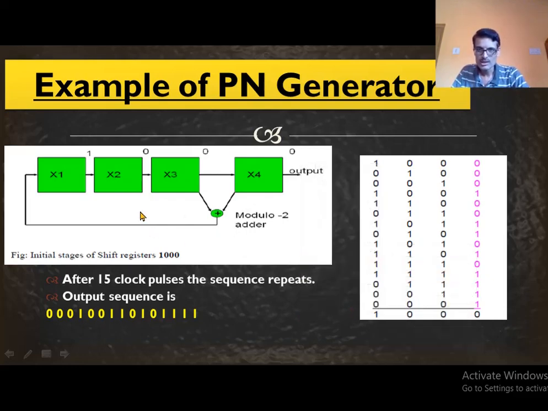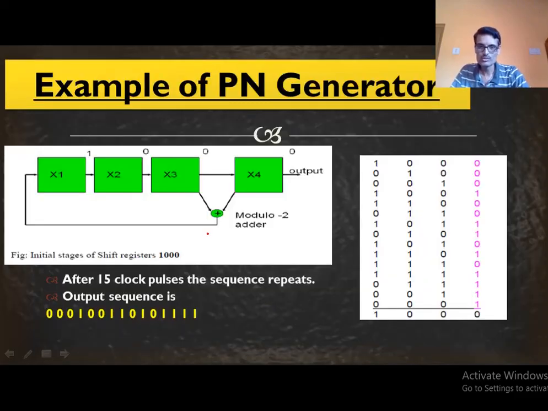See, here we get x3, x3 XORed with x4. Very sorry, it's very difficult to write over here. x3 XORed with x4 is the input for this.